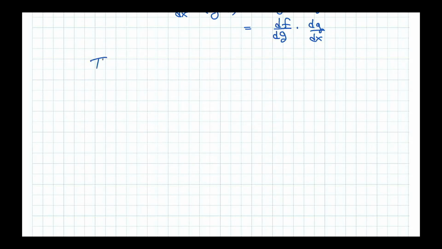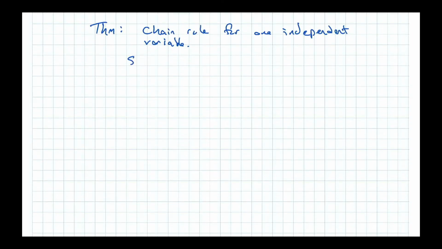So here's a theorem. This is going to be the chain rule for one independent variable. All right, so here's our scenario. Suppose you have the following. z is a function of x and y.